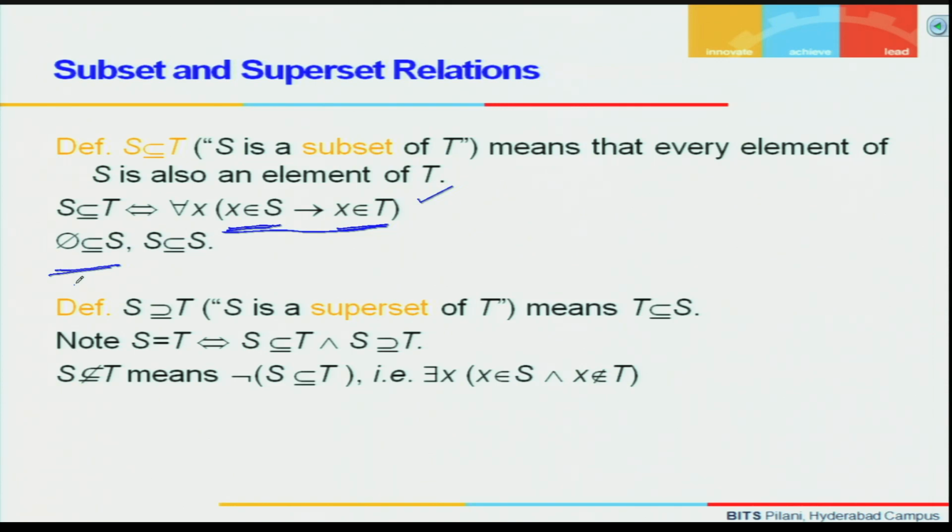Now, obviously, when you have got two sets S and T, to show that they are equal, it is sufficient to show that S is subset of T and S is superset of T at a given point of time. If you can say that, then both sets are going to be equal. It is in fact necessary also.